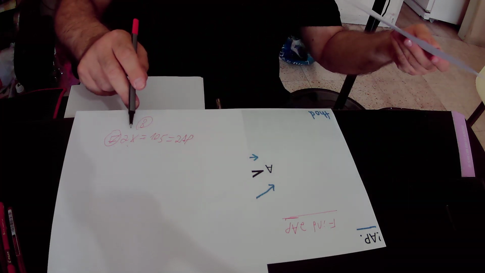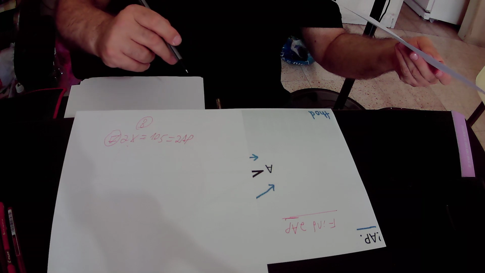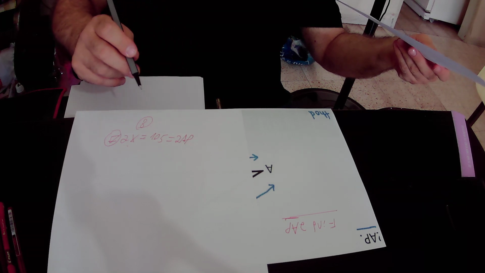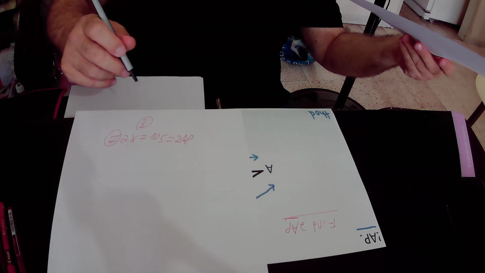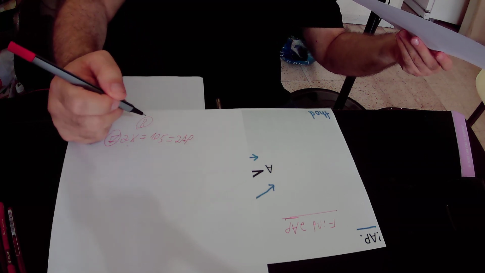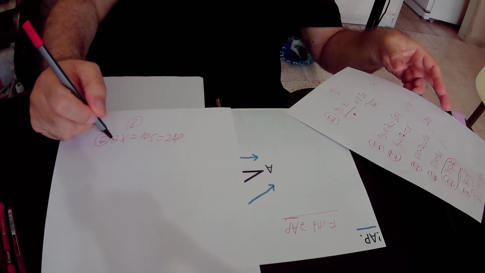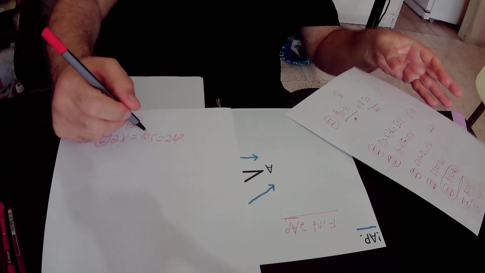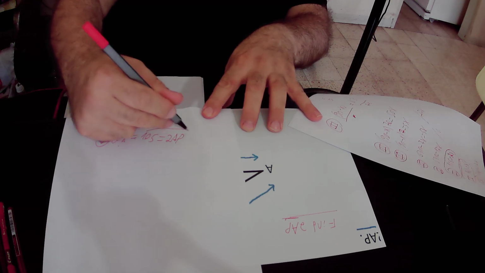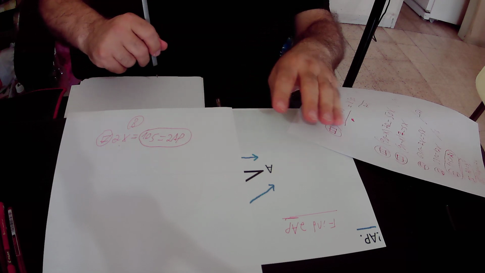So we can add here that 2x equals 2 times AP. So we can derive from the fifth equation that 2 times AP equals 105 units.